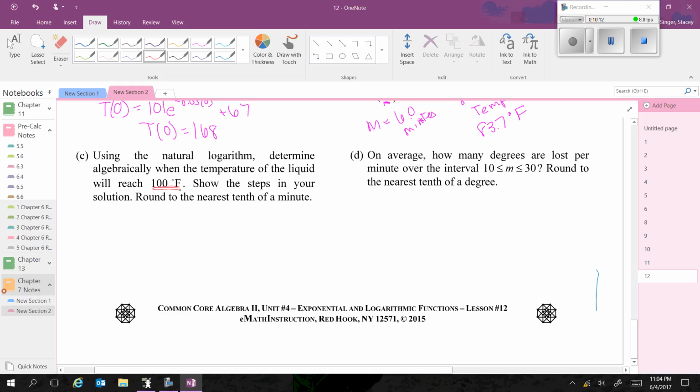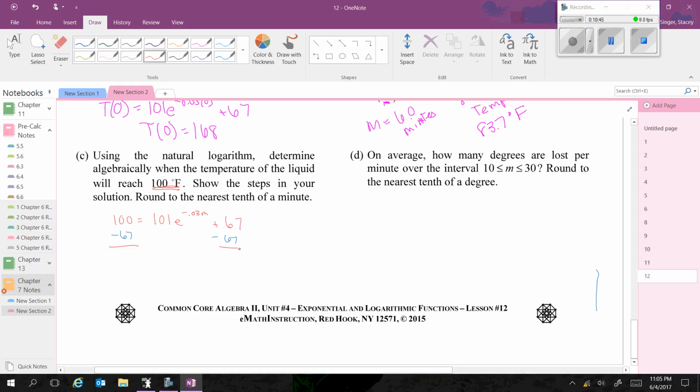So that's going to be 100 equals 101 times e raised to the negative 0.03 m, in this case, plus 67. In order to solve for m, I have to get rid of all the stuff around it. So I have to get rid of 67, so I minus 67 on both sides.